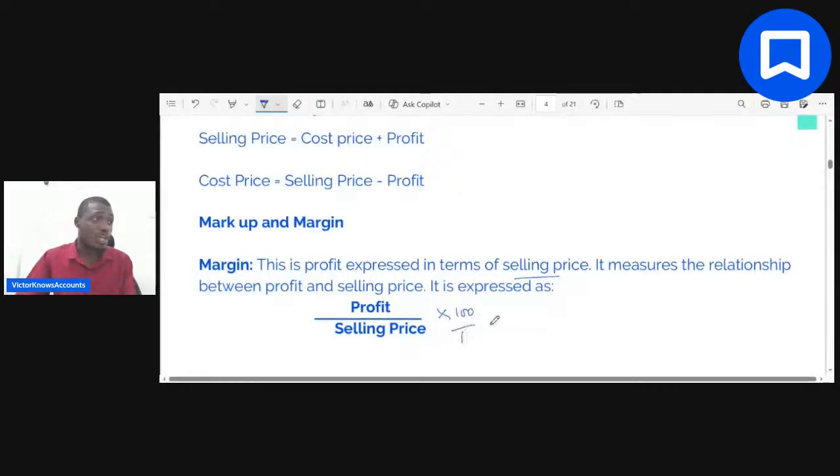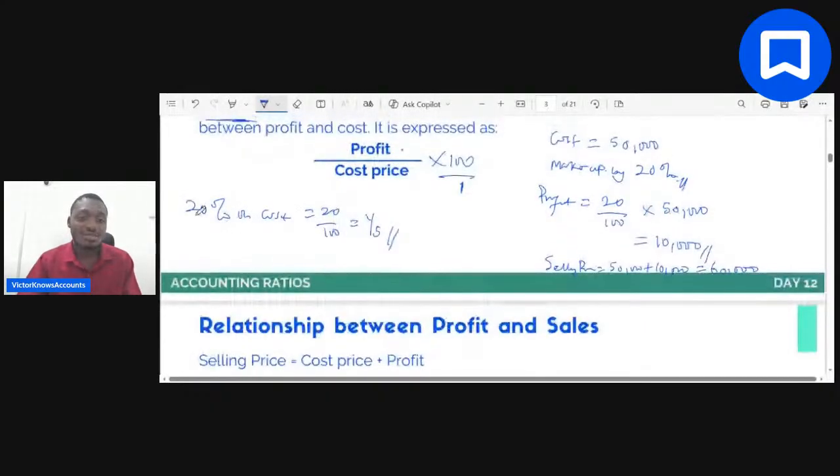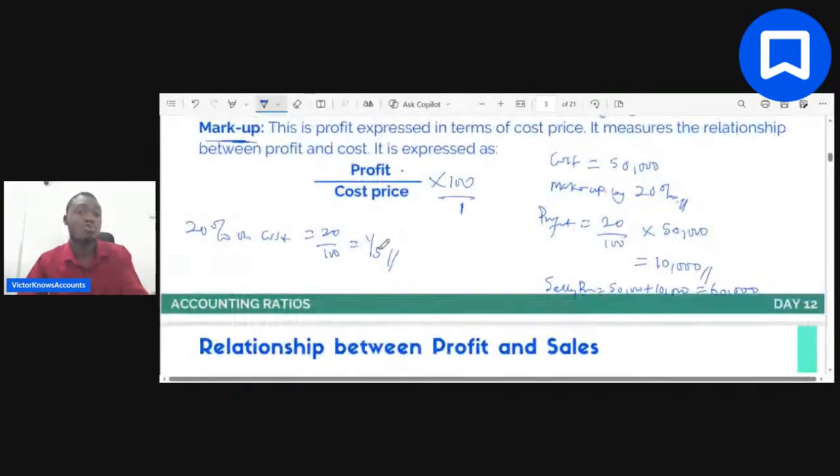So sometimes you express markup and margin as a percentage, sometimes you don't have to. Just as I did here, a markup of 20% is the same thing as a markup of 1 over 5, because 20% means 20 over 100. So that's 1 over 5.